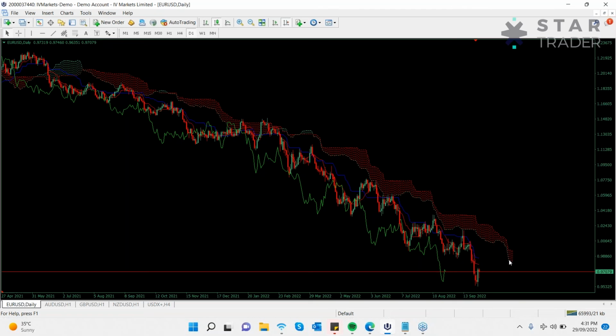It depends how the cloud will react, because as I have told you before, the cloud is giving us the future prediction of the market, right? So currently the Euro USD trend is down according to this cloud. Okay, so this is how we predict the market with this cloud.